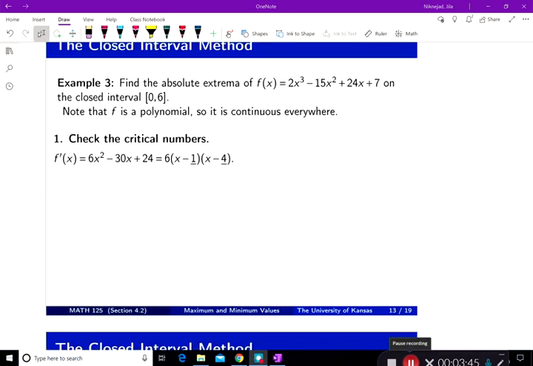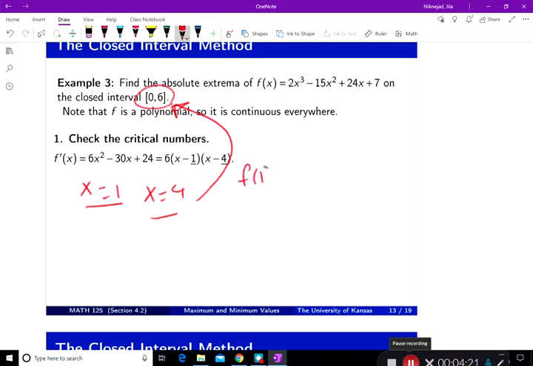So now that we factored, we see that at x equal to 1 and x equal to 4, f prime is going to be 0. And that means that x equal to 1 and x equal to 4 are the critical numbers of f. Looking at this interval, both of them are within that interval. So the best way is to check the value of f. How do I do that?